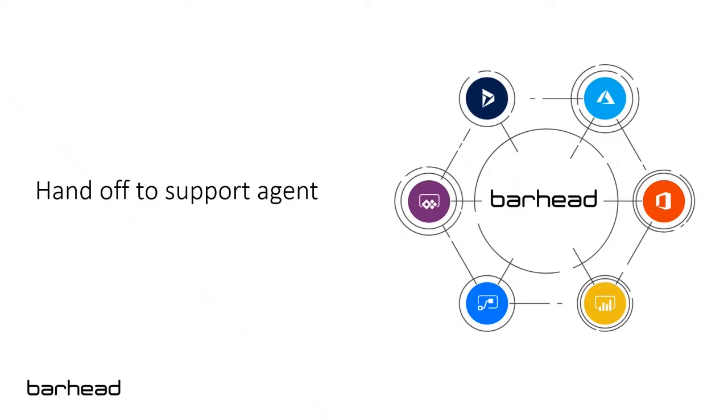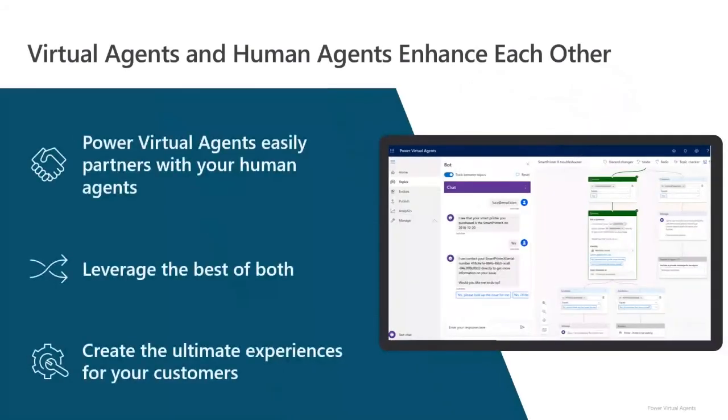And of course, we said at the start, there's not a promise here that your chatbot will be able to handle 100% of things. There is still that need to have other kinds of interaction with an organization. And so this is designed to be able to hand off and partner with your human agent. So you're getting the best of both.